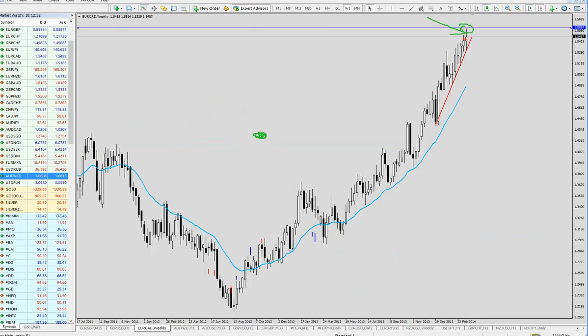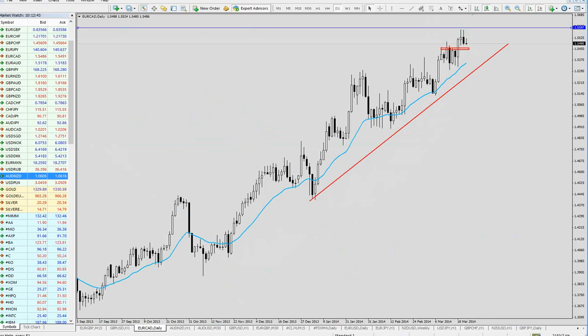So maybe, let me switch to daily, maybe after the number the bulls will try to push the price slightly higher, maybe to touch the resistance today, right?